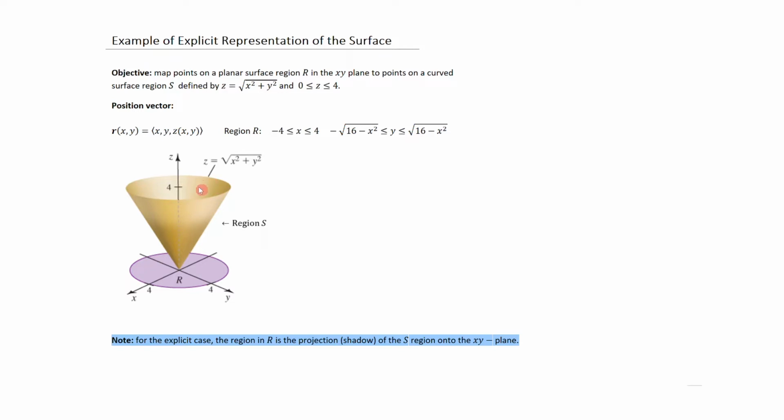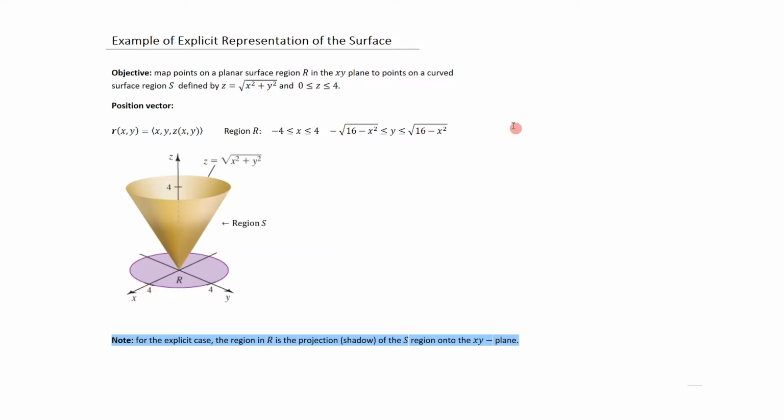Well, if you project that down onto the xy plane, then the region of integration, which involves limits on y and x, is in fact defined by this purple region, region R, which is the circle. And so just by inspection, you can see that the integration bounds for y would be this half circle, and for the lower integration bound would be this lower circle.